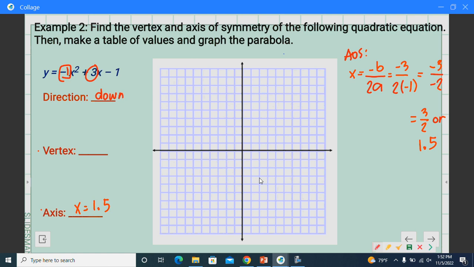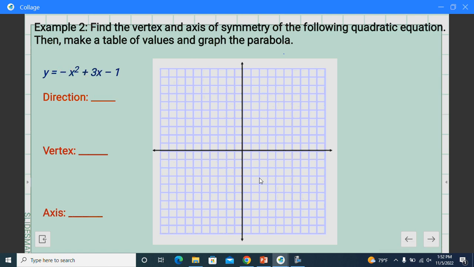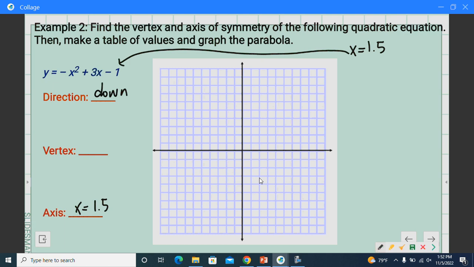Now, let's go to the vertex. Our axis is x is equal to 1.5. So it's down. Alright, let's have the vertex. Our x is 1.5, right? So let's plug it into the original equation that we have here. Negative 1.5 squared plus 3 times 1.5 minus 1.